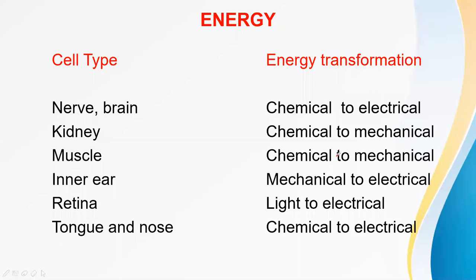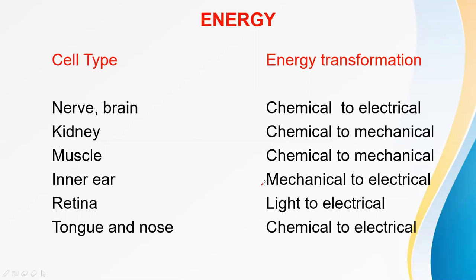So, well, here, as you know, energy can be changed from one form to another form in nature. Even in living organisms, energy can change from one form to another. So these are the examples. How does the energy change in the nerve and brain? The chemical energy is transformed into electrical energy. In kidneys, the chemical energy is transformed into mechanical.